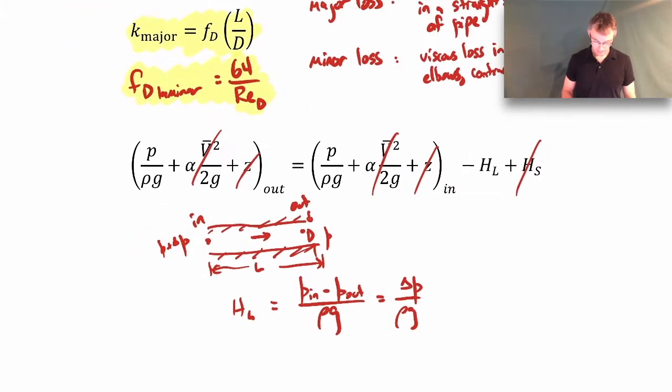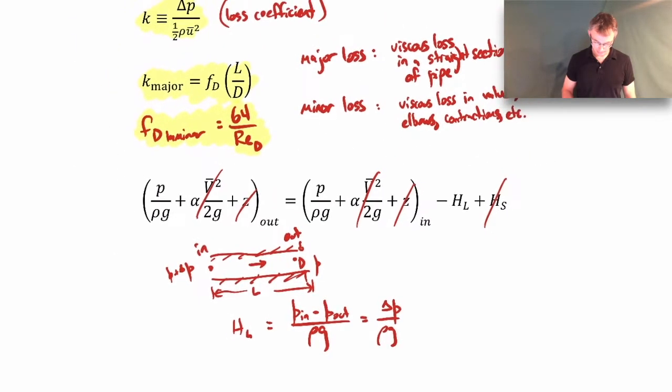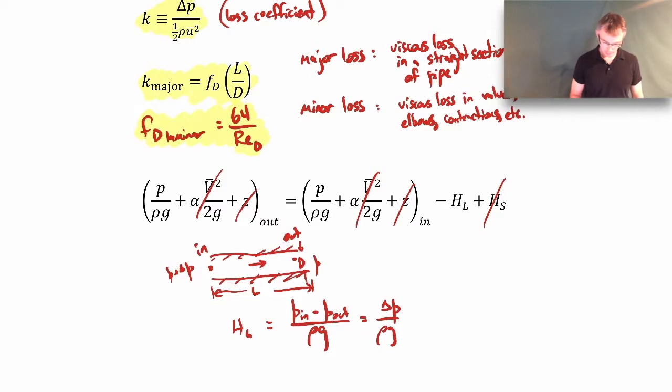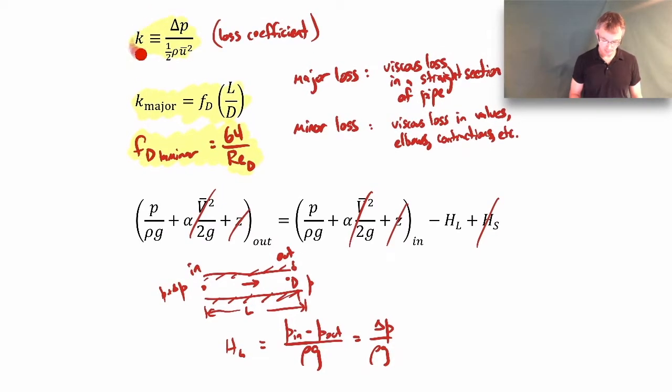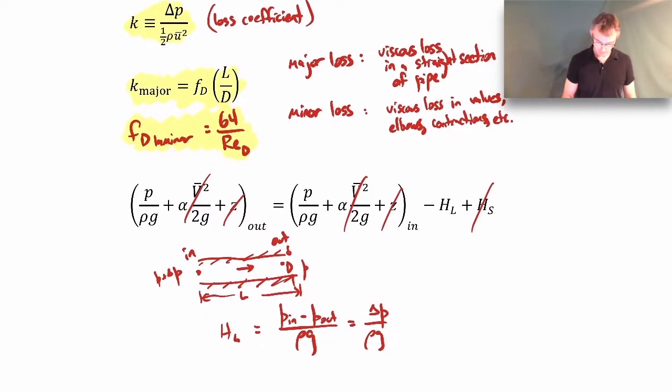And I can rewrite that change in pressure in terms of my loss coefficient up here at the top. If I substitute that in, this will be K times 1/2 rho V bar squared, that's the delta P, all over rho G. And then it ends up becoming K times V bar squared all over 2G.